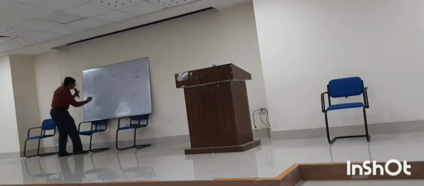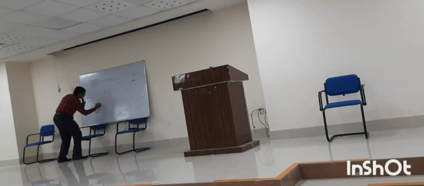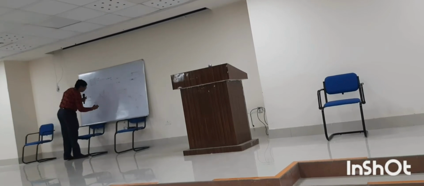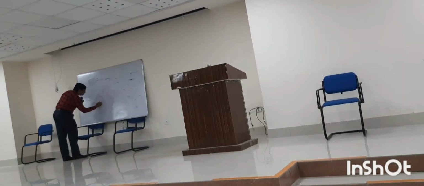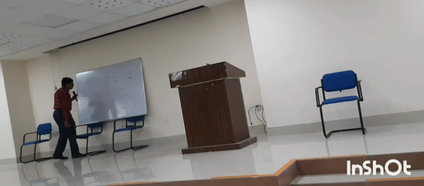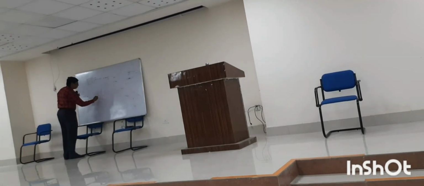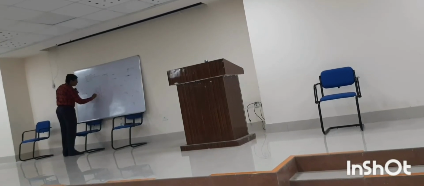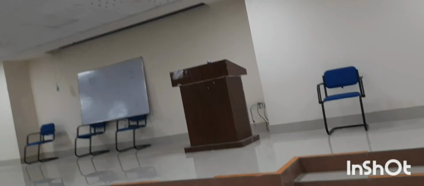PR interval, the conduction period. This is the PR interval, beginning of the P wave to the beginning of the R wave, and it is on average 0.16 seconds.